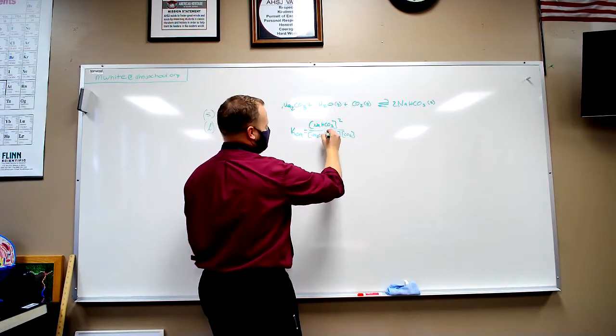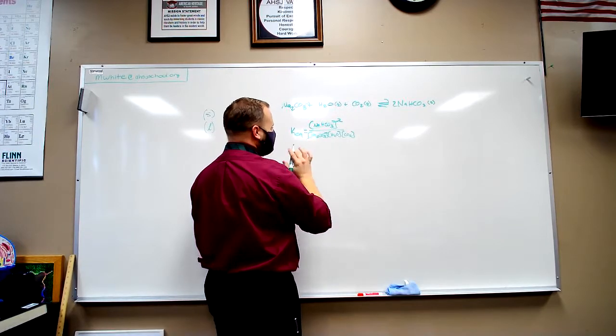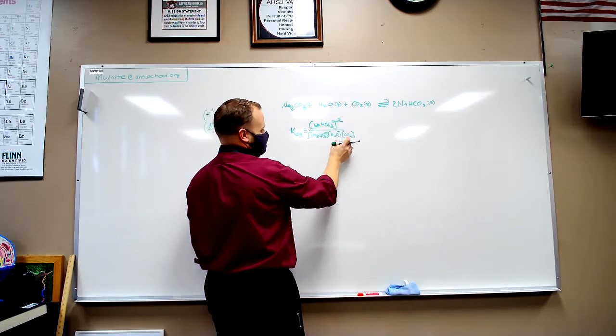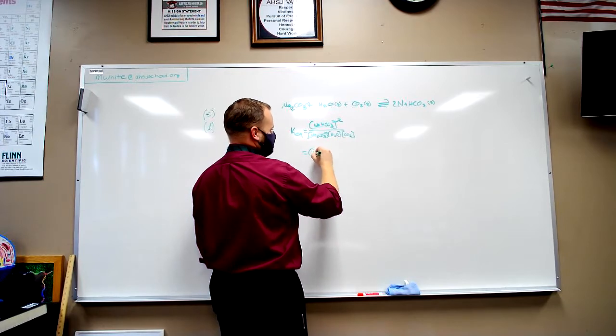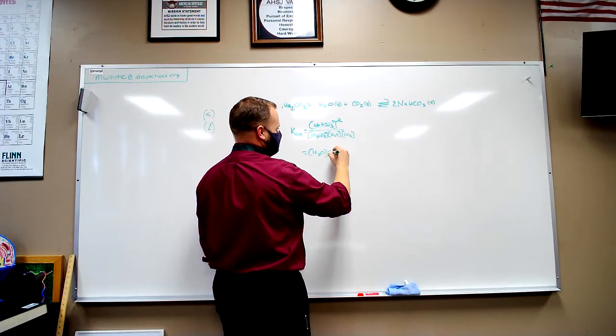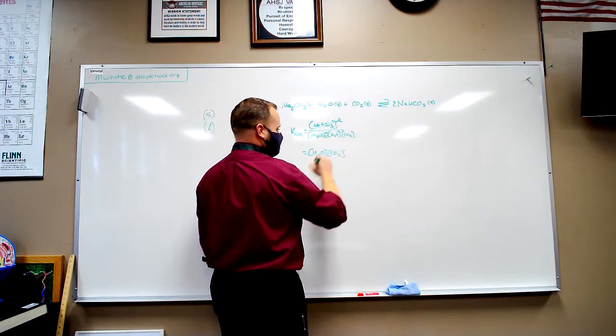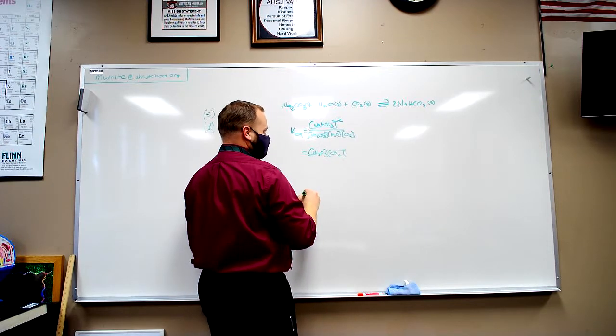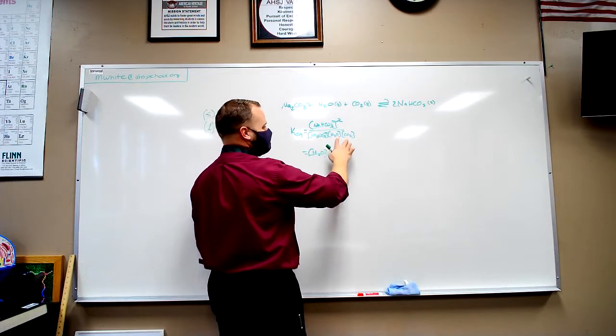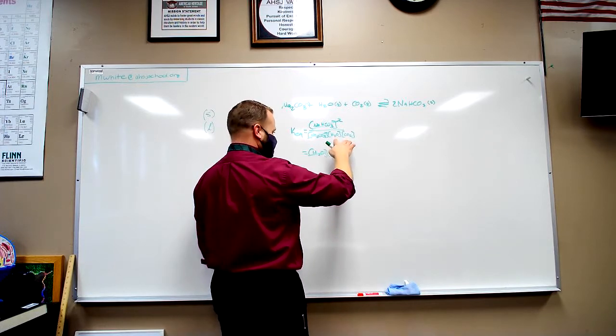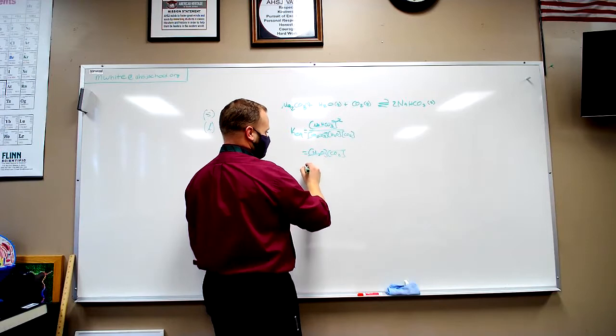Now, if we eliminate this and this, I have seen some people say, oh, we've only got 2 left. So we write it like that. That is not correct. We cannot take things from the denominator and move it to the numerator.